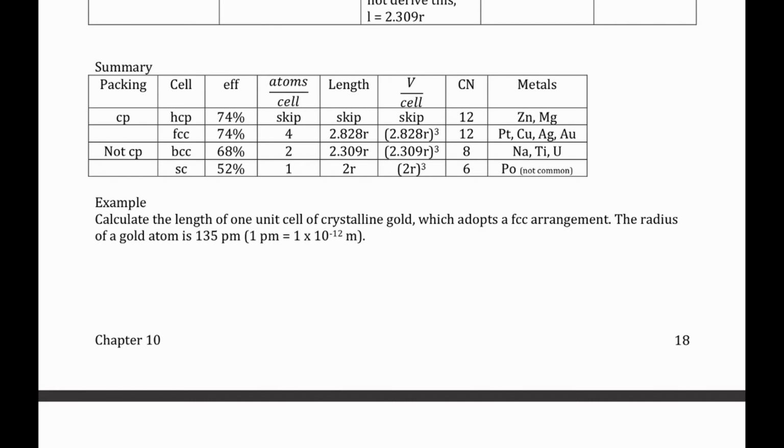The length for FCC we found above is 2.828 R. For BCC, 2.309 R. And for simple cubic, 2 R. The volume per cell, so for FCC we have 2.828 R quantity cubed, BCC 2.309 R quantity cubed, and for simple cubic 2R cubed. The coordination number for the top 2 is 12, then we have 8 and 6. And then here I'm just giving you some metals that crystallize in those structures.